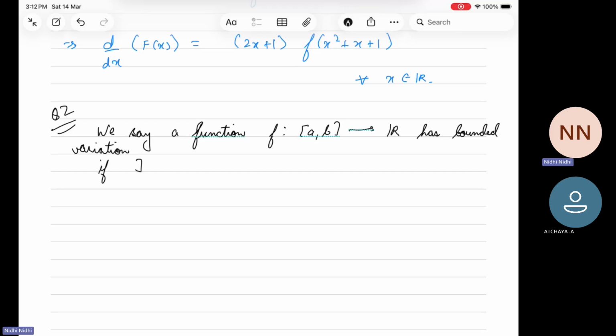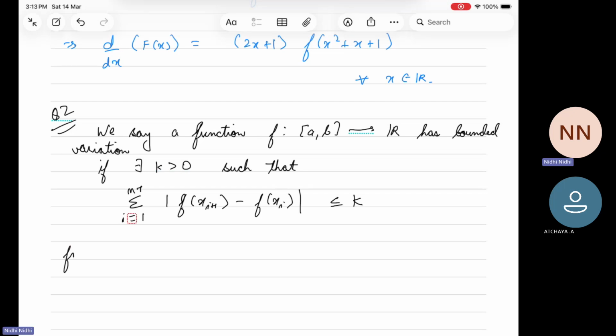if there exists some positive real number k such that the summation over i from 1 to n minus 1 of mod f(x_{i+1}) minus f(x_i) is less than or equal to k for any partition, a equals x0 less than x1 less than x2 and so on up to xn.